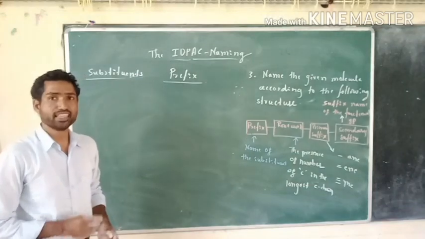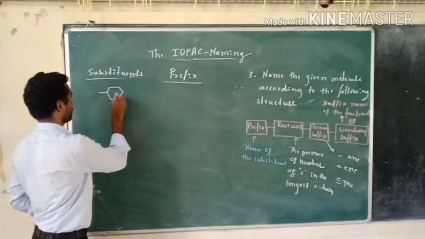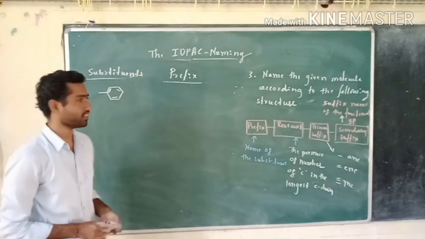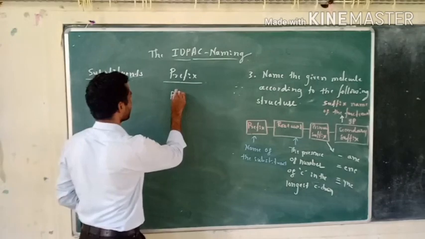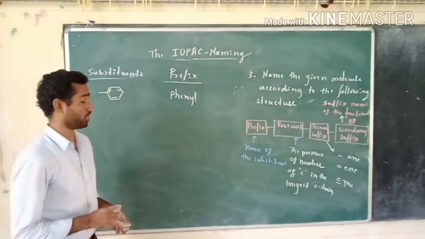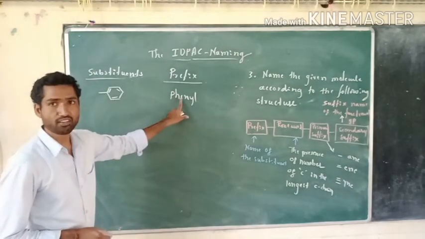If a benzene ring is there as a substituent, then we have to use phenyl as a prefix.